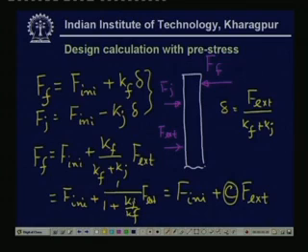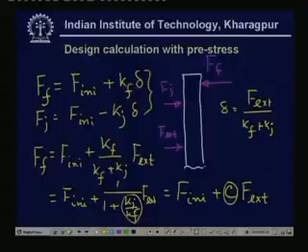Now if Kj is much larger than Kf, that is, the joint stiffness is very large, then of course this term goes very high and C becomes very low. In ideal situations we can have C almost equal to 0, and that is when there is no gasket in between, then Kj is very large compared to Kf, and C can have a very small value.